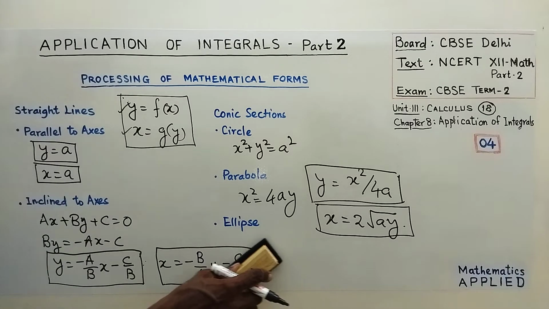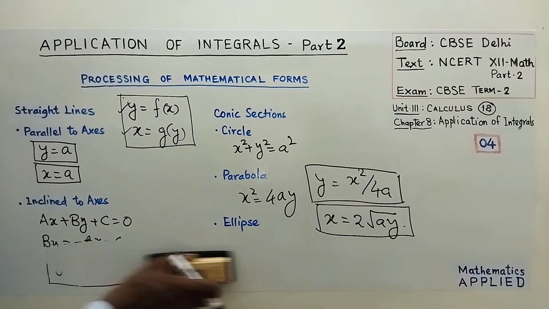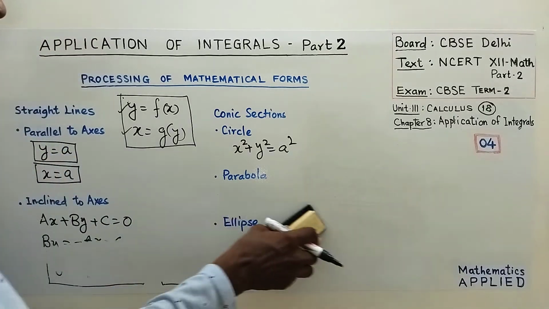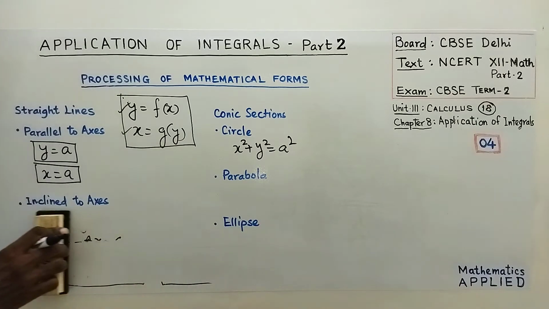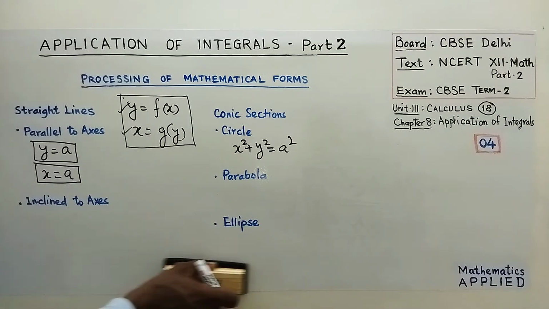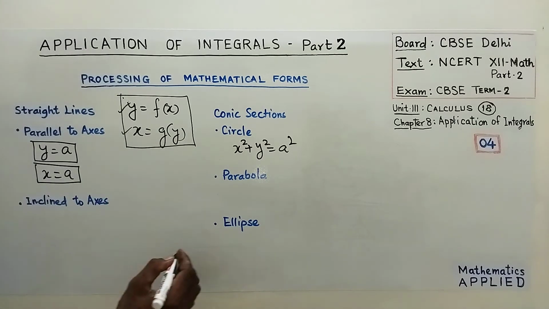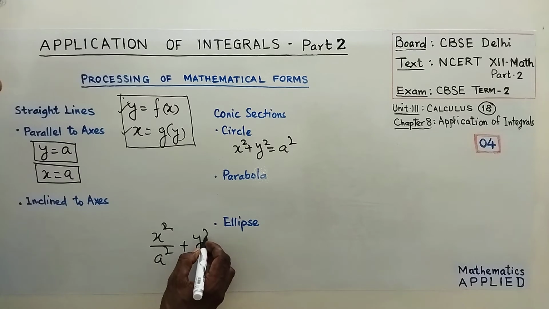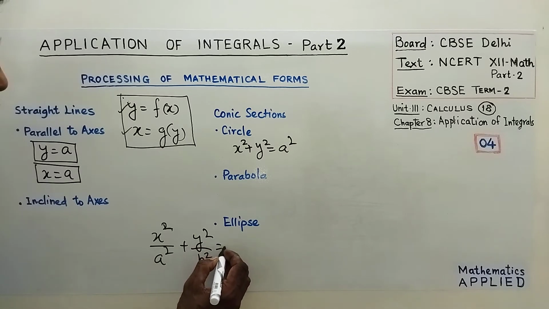Then for ellipse, next one, the forms are: for the ellipse, we have got 2 ellipses, that is, one is x square by a square plus y square by b square equals 1. So what is the equation?